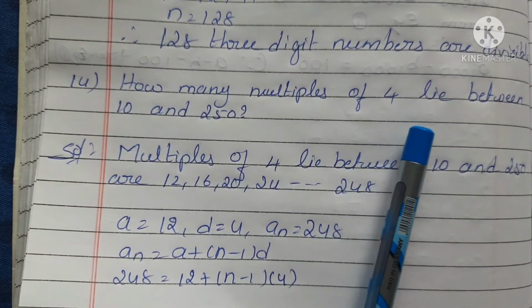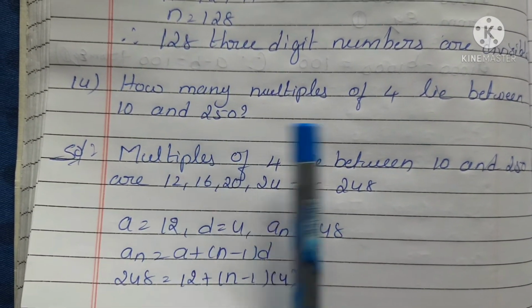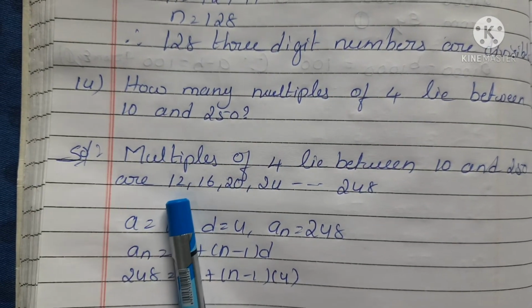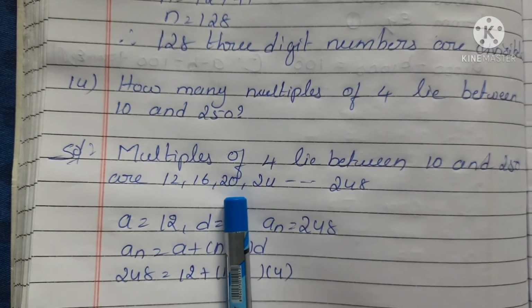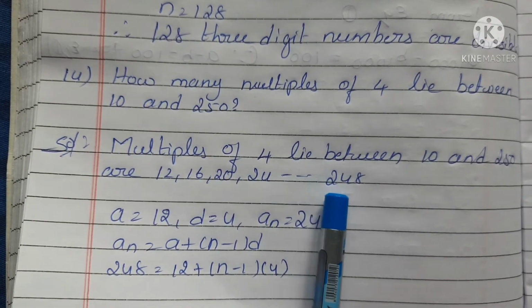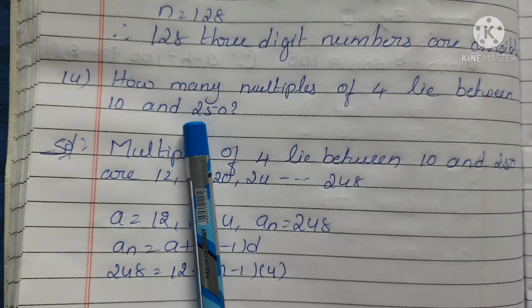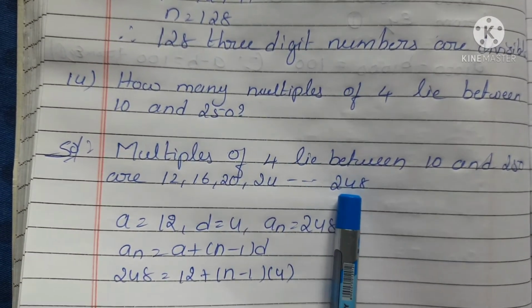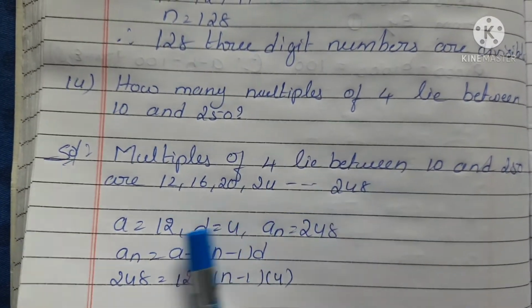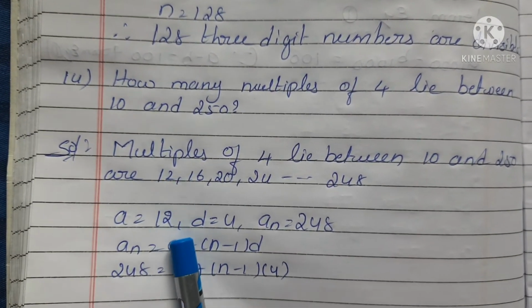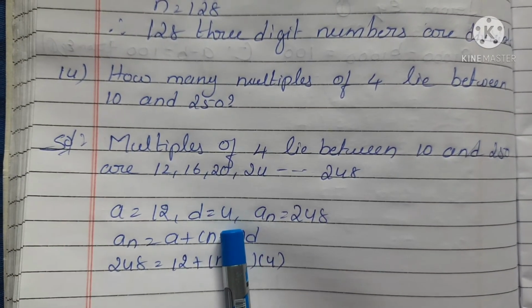That means 4 multiples means the 4 table. Now 12, 16, 20, 24 and so on, up to 250, so the last is 248. Here A is 12 and D is 4.